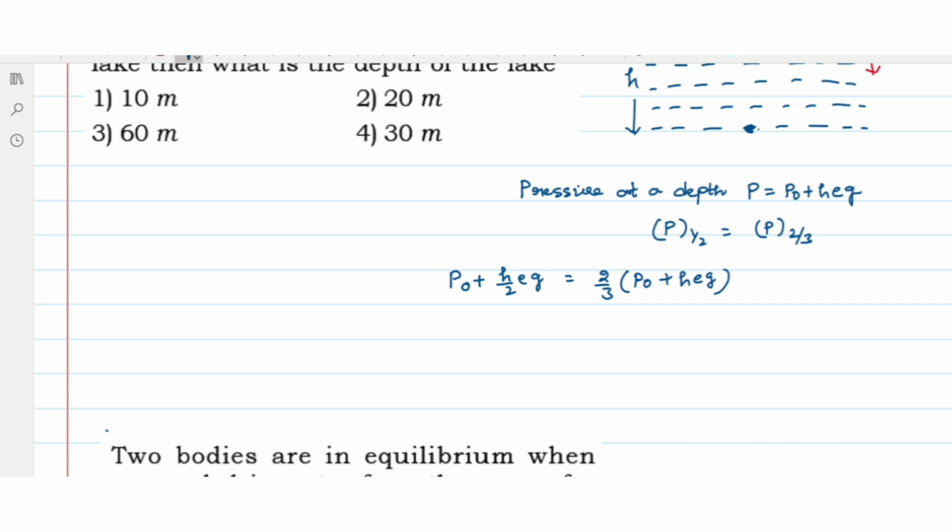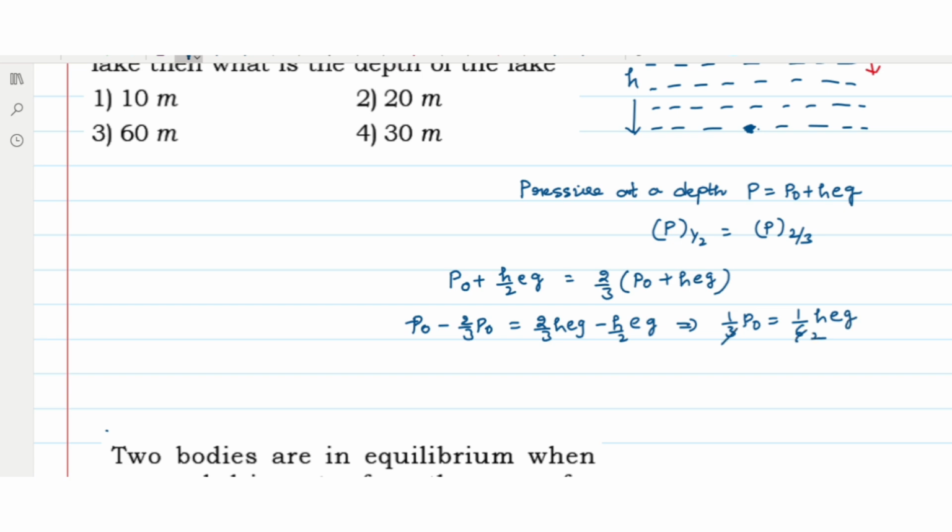Bring this side 2/3 P naught, so P naught minus 2/3 P naught equals 2/3 h rho g minus h by 2 rho g. Taking the LCM, we get 1/3 P naught equals 1/6 into h into rho into g.